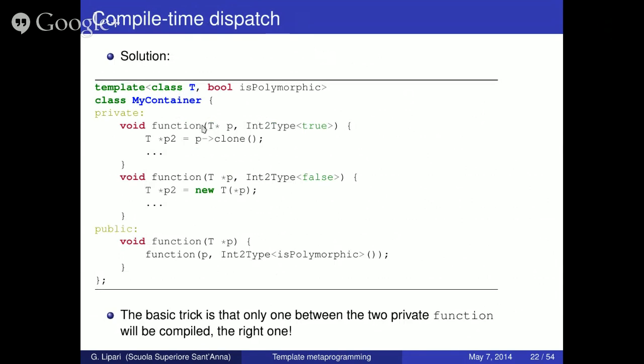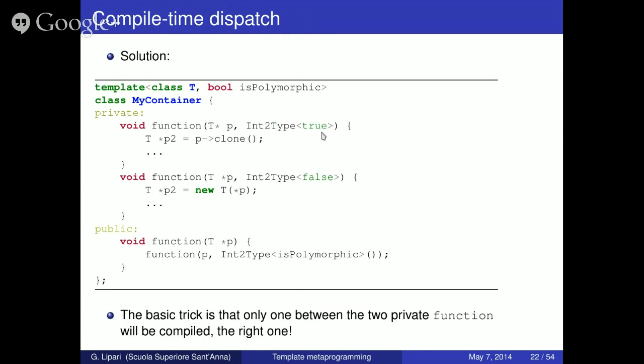We write two functions. The first one takes this pointer to P that we want to copy and uses the clone. This function takes two parameters. The first one is the pointer, the second one is an object of type int2type true.